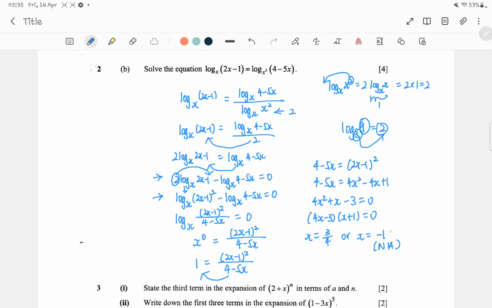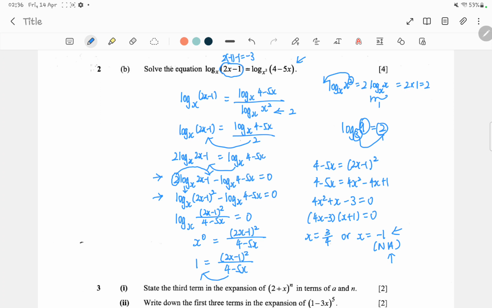So if I substitute x equals minus 1 in the original equation, you realize that this will be 2 times minus 1, which equals minus 3. Now, this value cannot be negative. That is why here I will write it as no answer.